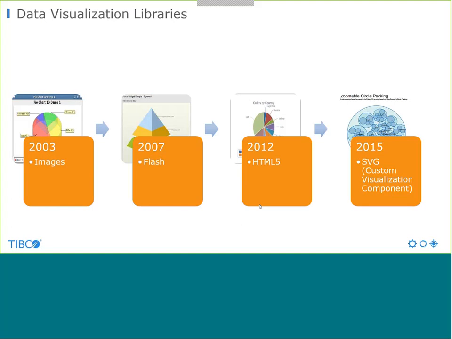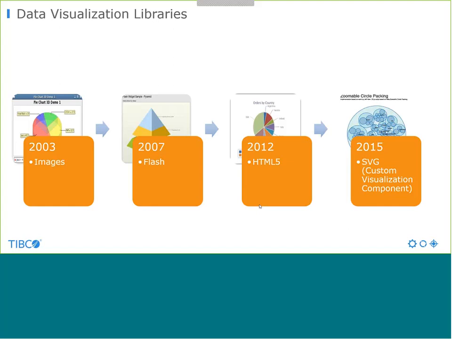And then subsequently, Jaspersoft was one of the first tools that I saw that allowed you to bring in any type of visualization. Jaspersoft has this component called a custom visualization component, and for years we were always playing catch up with our prospects and our customers. People would say, when are you bringing out this kind of chart? When are you bringing out this kind of chart?